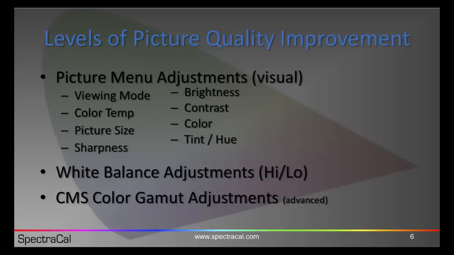These form the basis of our calibration and are potentially the most important adjustments we make.